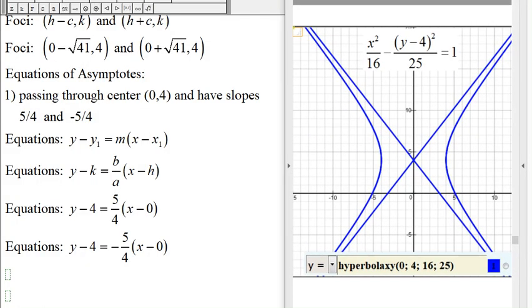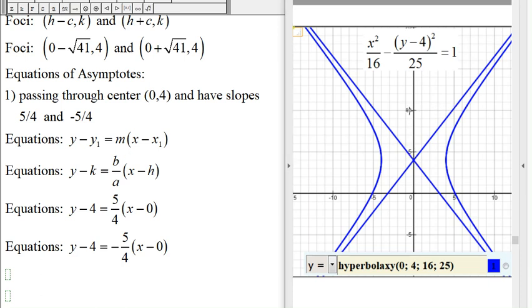So the equations of the asymptotes are as follows. Remember that the equation of a line is y minus y1 equal to the slope times x minus x1, where x1 and y1 is the point that the line passes through. In this case, the line passes through the center, so the center will be h, k. And the slope of the diagonal line is the rise over the run.